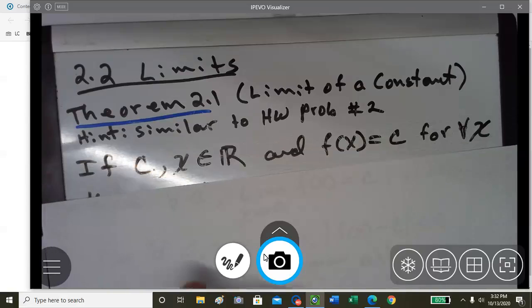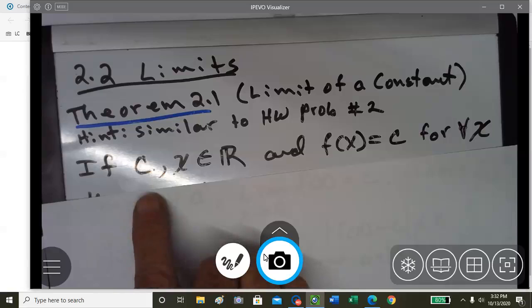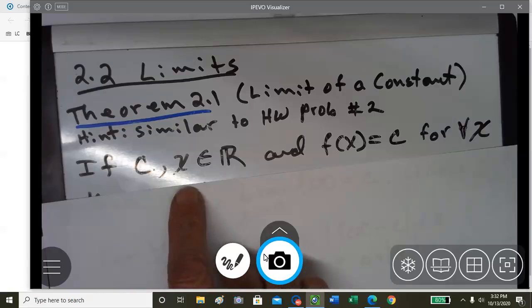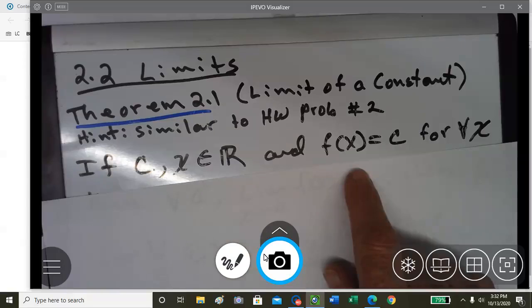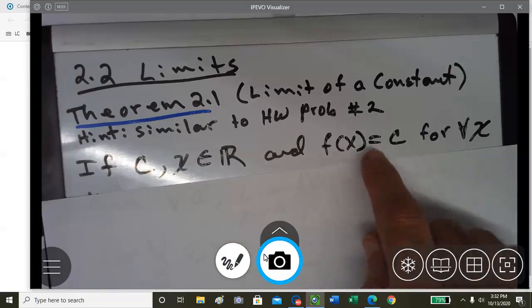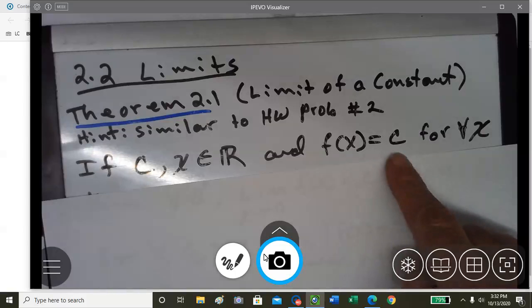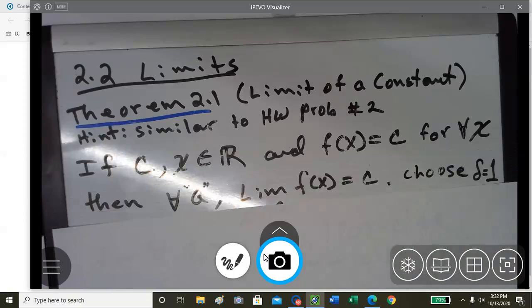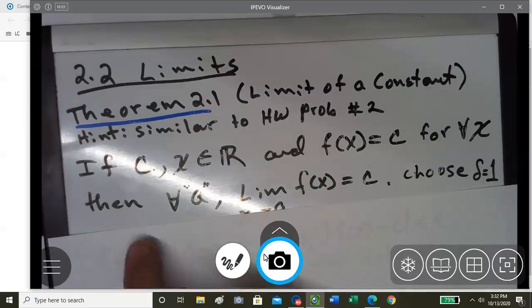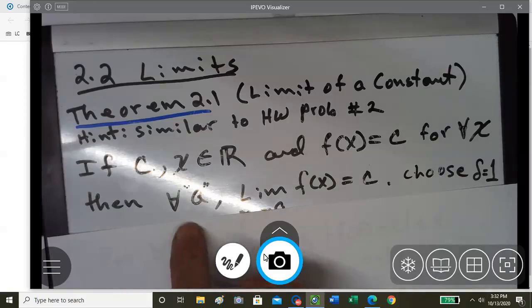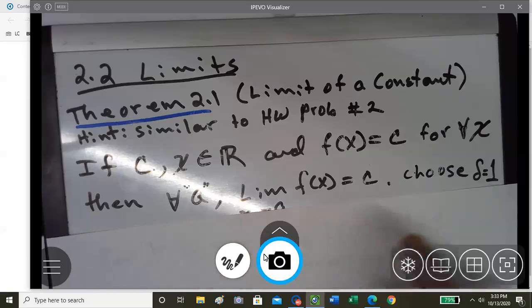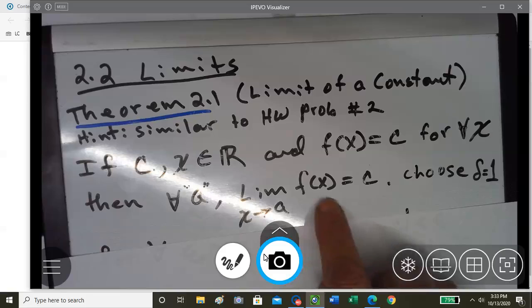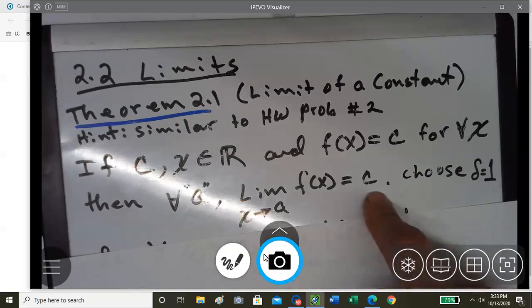And it starts off with: if c and x are real numbers and f of x gets some answer c out as a number for all x's, then we can also say that for all a, the limit of f of x as x approaches a, we get c out, we get a constant out.